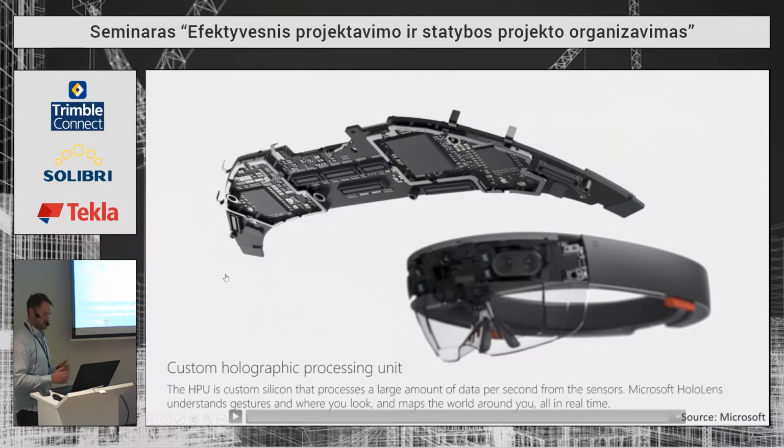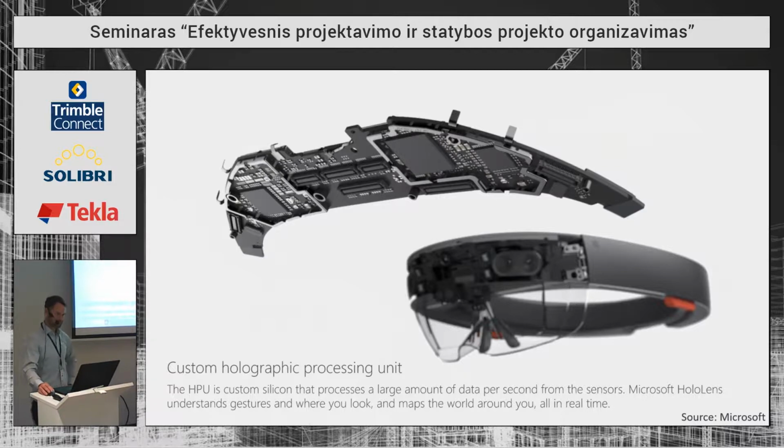This is the magic sauce for the whole device, that there's a lot of power in a small package, and it can understand really many sensors and different kinds of things. So when you're moving, even if you go down, it understands that you can see the model lower.